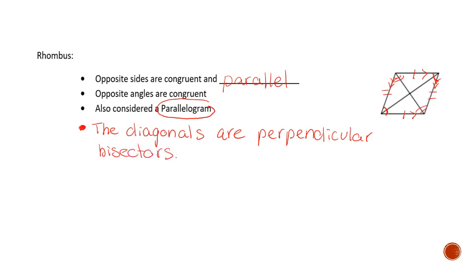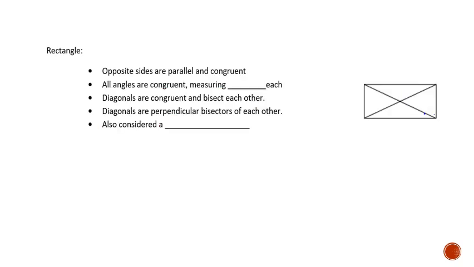What that means is that these two diagonals meet at a right angle, and that these are congruent all the way around. These two are congruent because they're being bisected, and these two are congruent because they're being bisected. The most important thing is that we have a 90-degree angle being formed.